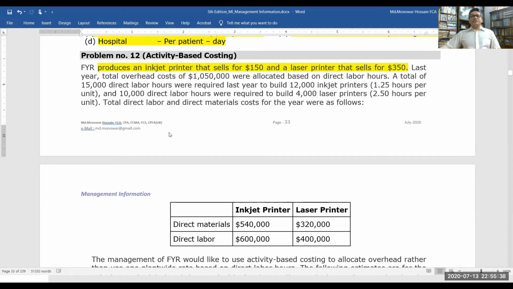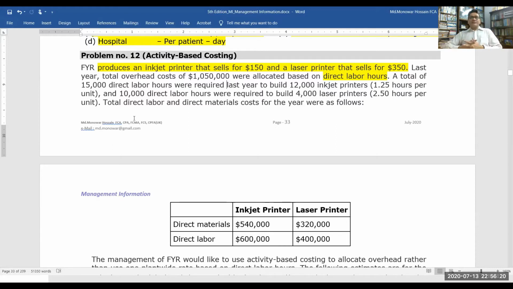And last year the total overhead cost of 10,50,000 was allocated based on the direct labor hours. A total of 15,000 direct labor hours were required last year to build 12,000 inkjet printers, 1.25 hours per unit, and 10,000 direct labor hours were required to build 4,000 laser printers. That means 2.5 hours per unit.